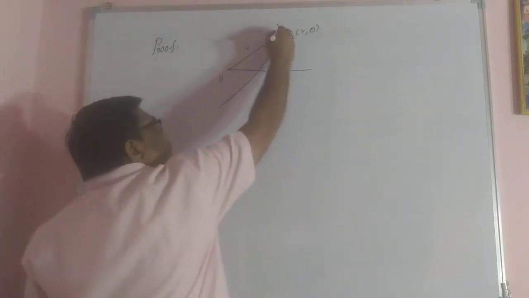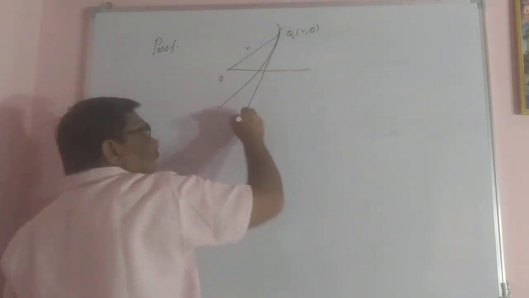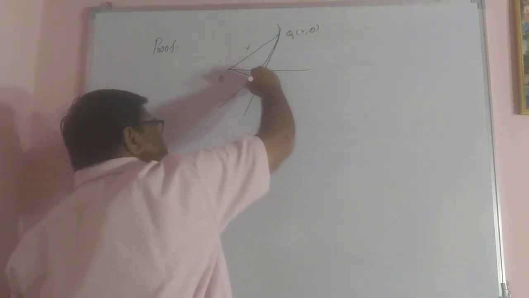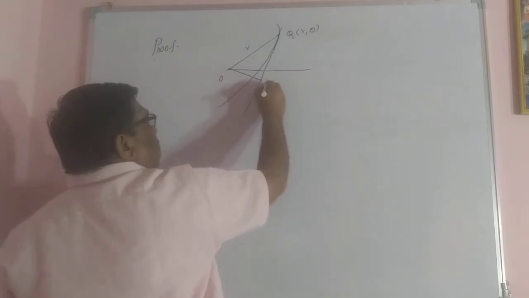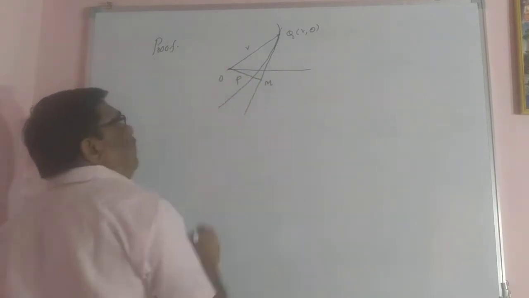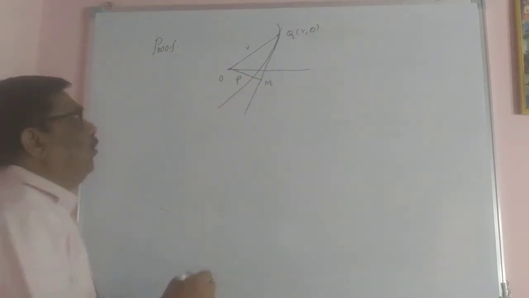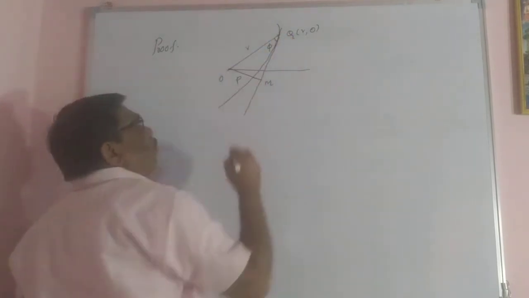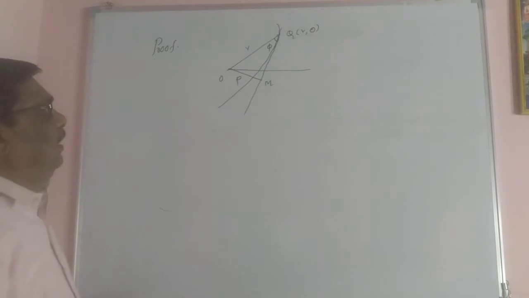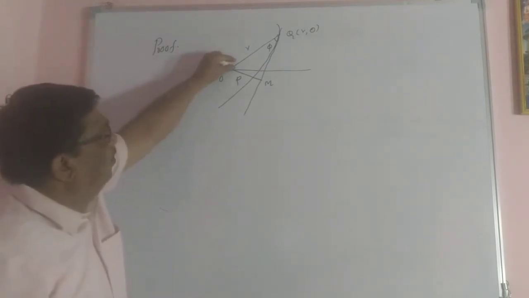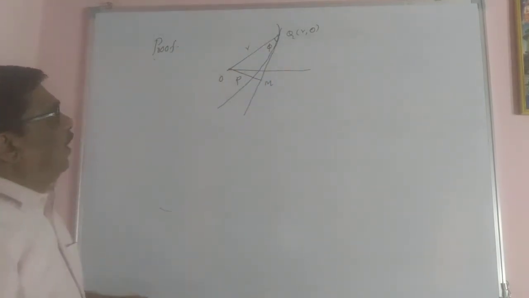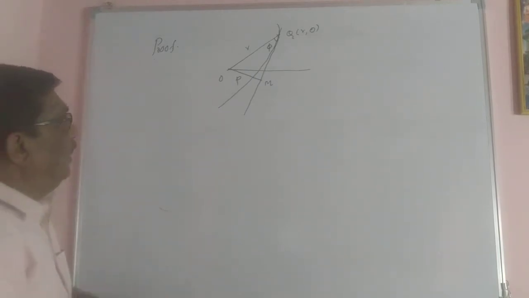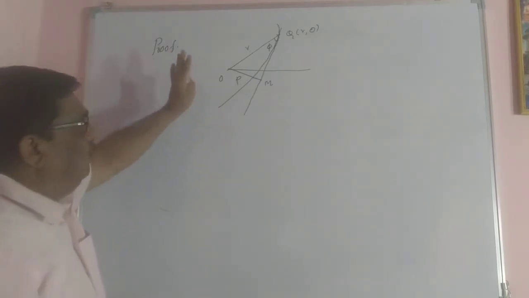So at Q, if you draw a tangent, and the length of the perpendicular OM, this is p. The length of the perpendicular is equal to p. The tangent makes an angle psi with the radius vector. So let us take this. I must explain whatever I have taken.